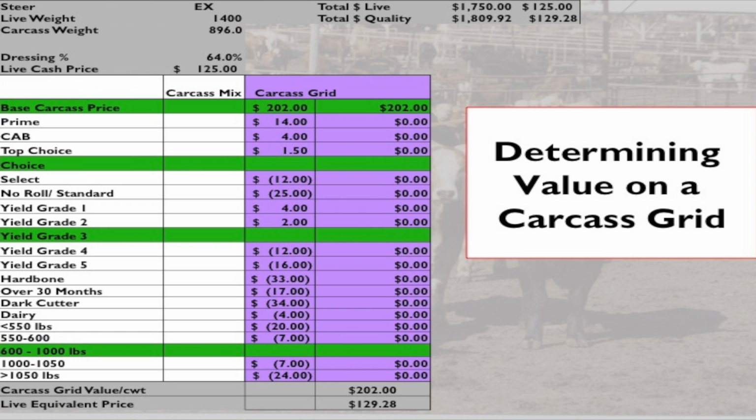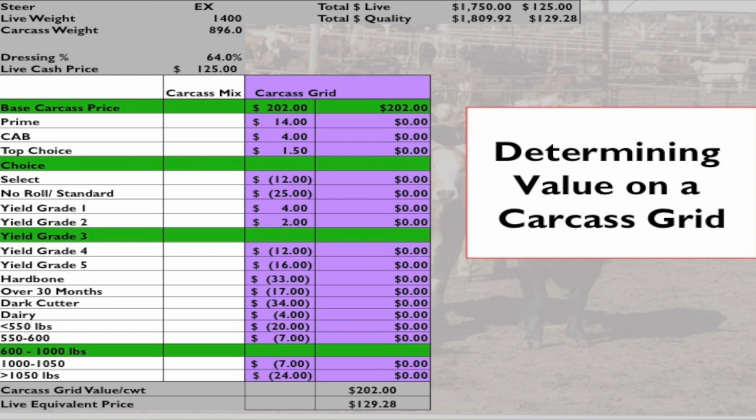So remember, we have two ways of selling cattle. One is on a live cash basis, which is a per 100 weight live basis for the entire pen of cattle. When we sell them on a grid, it's on a per 100 weight basis of a carcass, okay, for each individual animal that comes through and is graded from that pen. And then they put that together to come up with the total value for that pen.